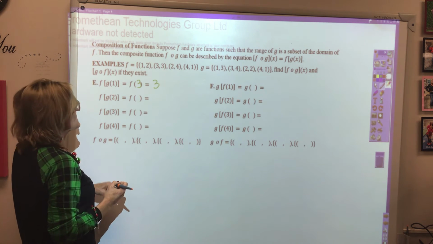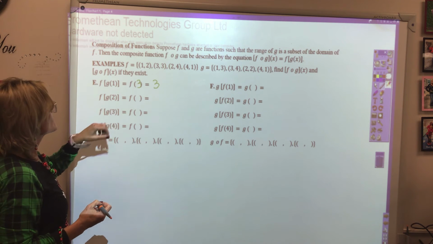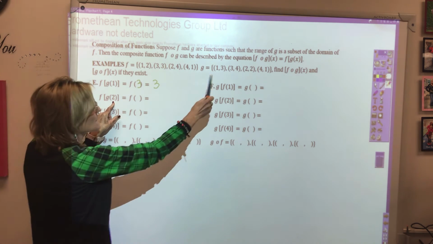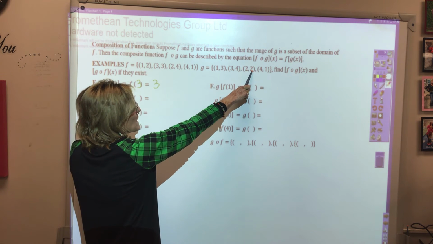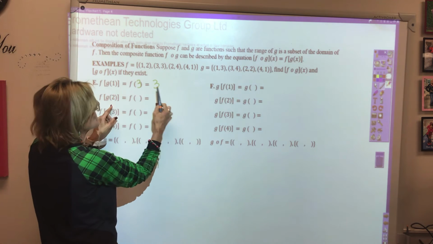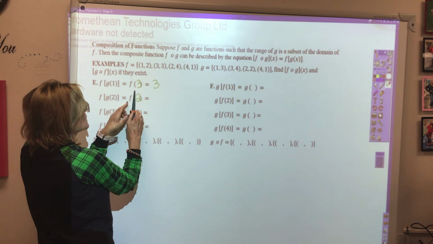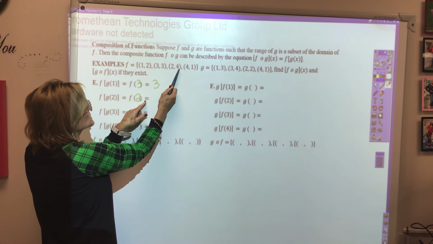So let's try another one. F of g of 2. So we're taking g of 2, the input, which is the x value, gives us the output, which is the y value. So we put a 2 in here. Now our input is 2. Our output would be 4.